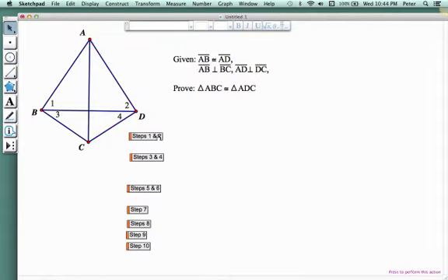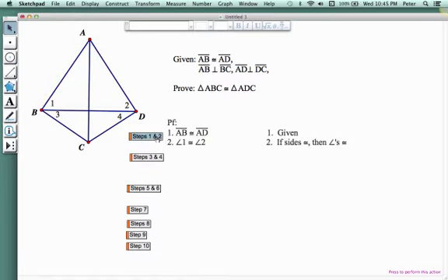The first thing to take care of is our first given, that AB is congruent to AD. There's just one conclusion you can draw, but if you know that AB is congruent to AD, can you think for a minute, what conclusion can you draw from that? Press the pause button if you have to think about it, but hopefully you can come up with one.